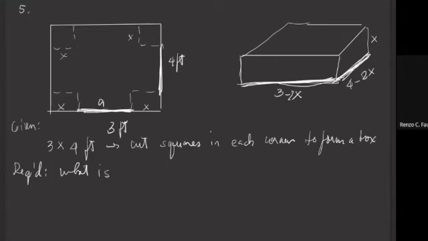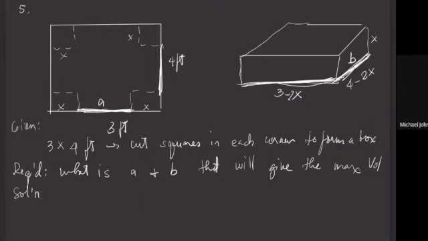Let's call this side A, this side B. What is A and B that will give the maximum volume? So A is represented by 3 minus 2x and B is represented by 4 minus 2x. What is maximized here is the volume, or maximum volume.